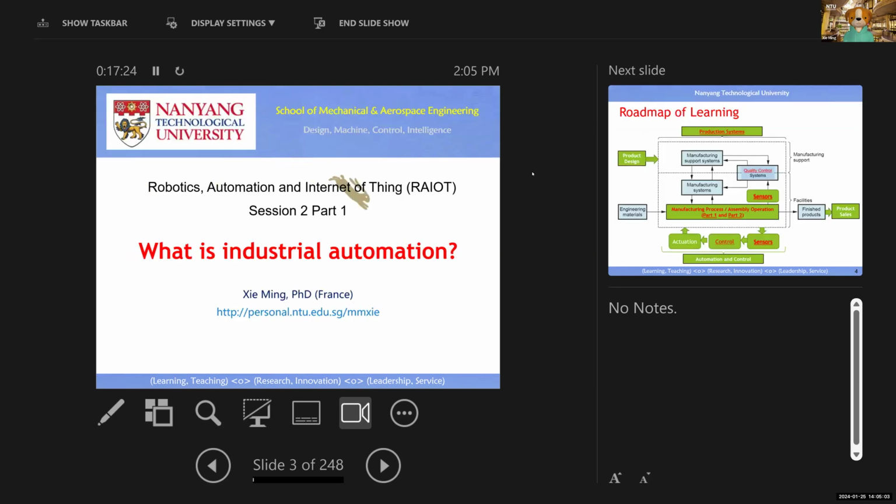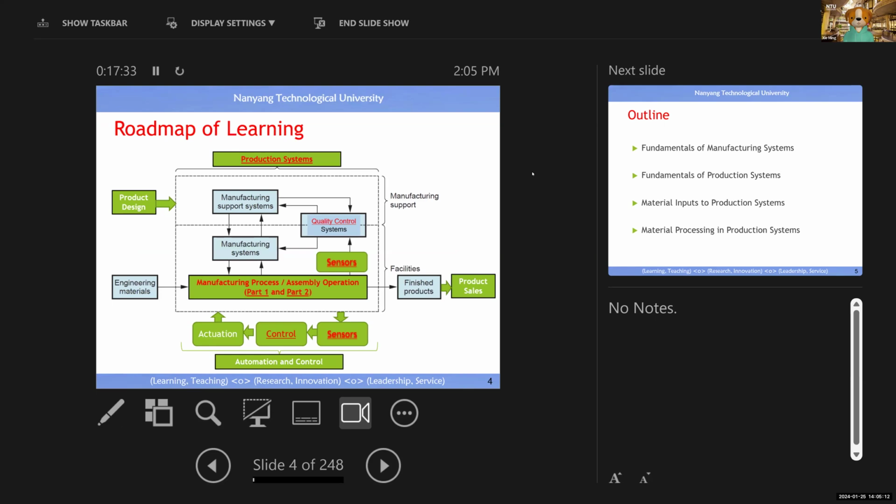Okay, so let's start with part 1 for section 2. All right, what is industrial automation? In order to know industrial automation, or to automate the equipment, you need to have a top-down view, right? So at the highest level in industry, we have a manufacturing system. Inside the manufacturing system, we have a production system.